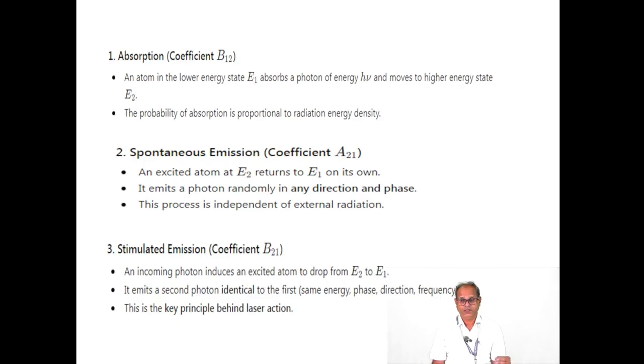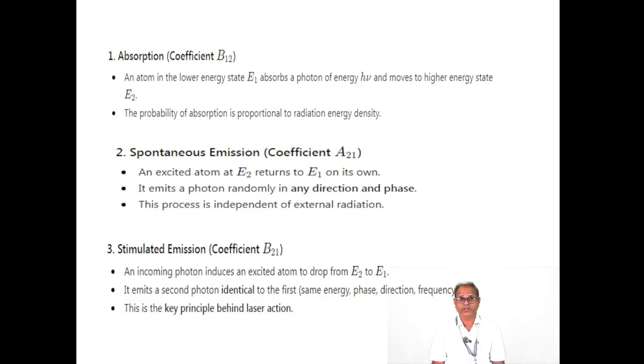It is the radiation which acts as a stimulus to the atoms in the excited state. The rate of stimulated emission is directly proportional to the energy density of the incident photon, and secondly to N2, the number of atoms present in the excited state. So, the rate of stimulated emission is proportional to N2 and rho nu, the density of the incident photon, and when we remove the proportionality sign, we get the third coefficient, the coefficient of stimulated emission.